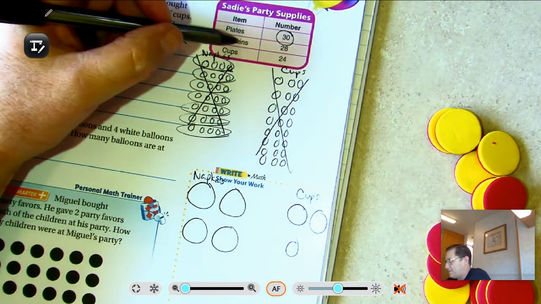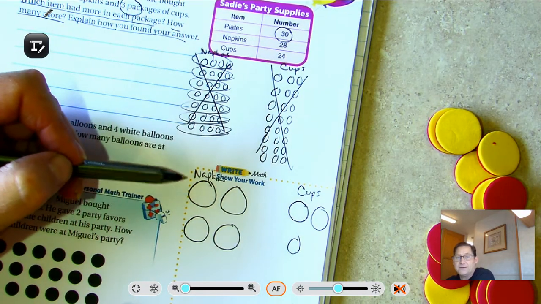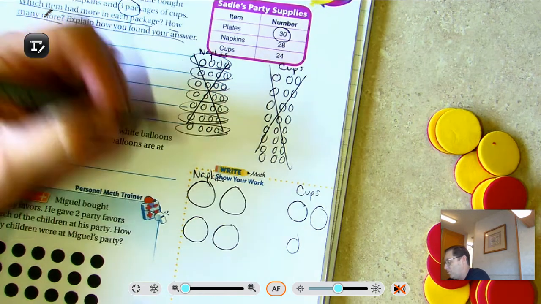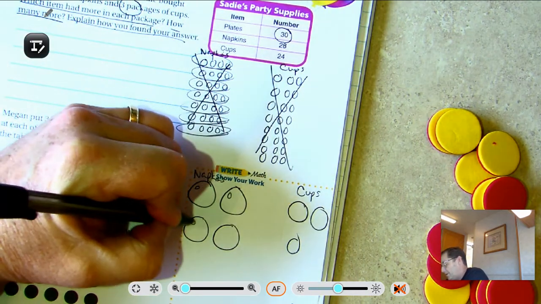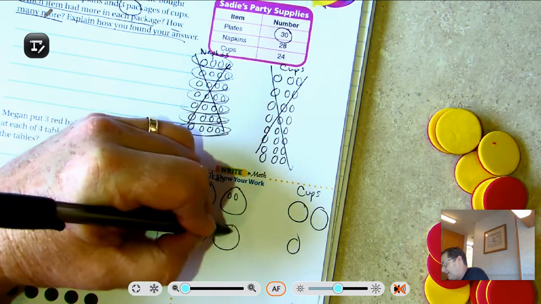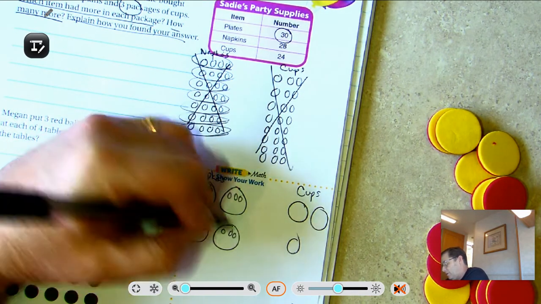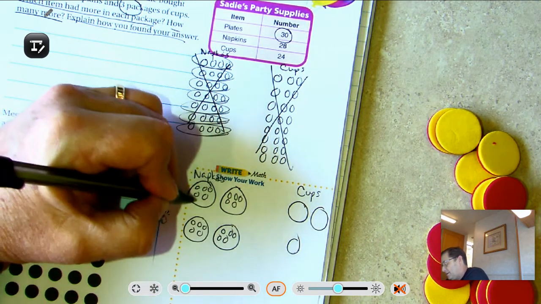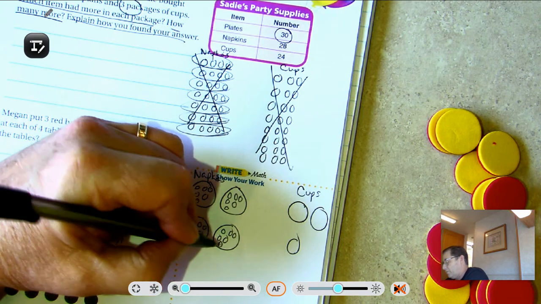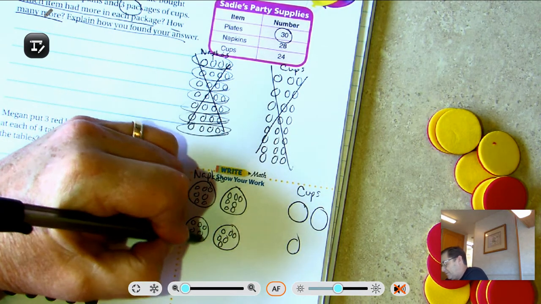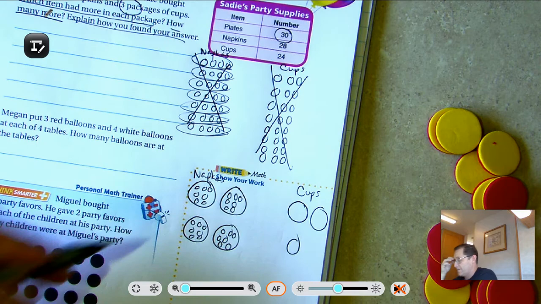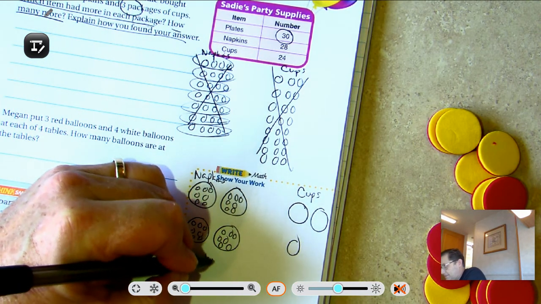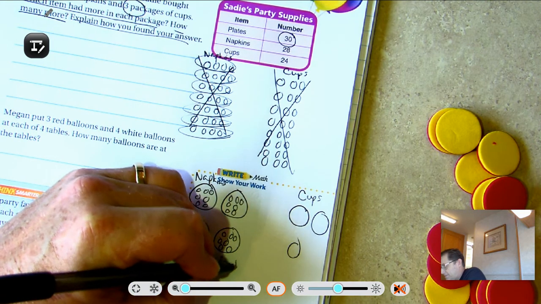All right, so napkins, then we're going to share all 28 napkins into the 4 groups until I have no more napkins. 1, 2, 3, 4, 5, 6, 7, 8, 10, 11, 12, 13, 14, 15, 16, 17, 18, 19, 20, 21, 22, 23, 24, 25, 26, 27, 28. All right, so the napkins, there's 7 napkins per package.